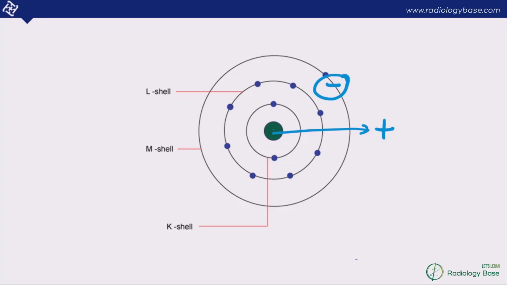So the closer the electron is to the nucleus, the more electrostatic force is going to be acting upon that particular electron. So for example, this electron will experience the most electrostatic force.